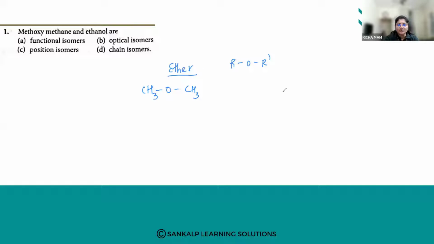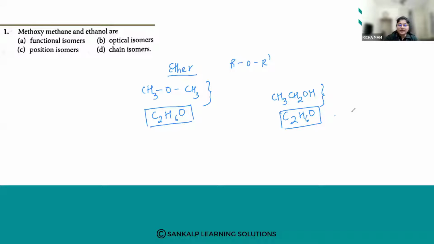Now ethanol is CH3CH2OH. What is the molecular formula in both cases? C2H6O, and C2H6O. You can see that the molecular formula is the same.